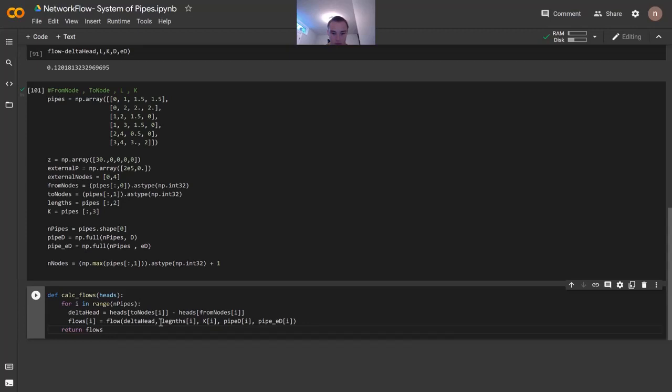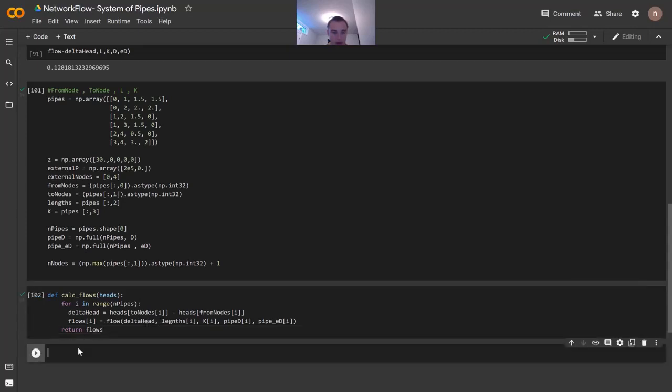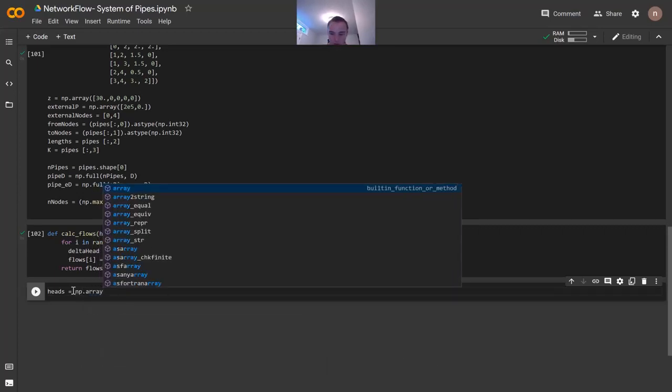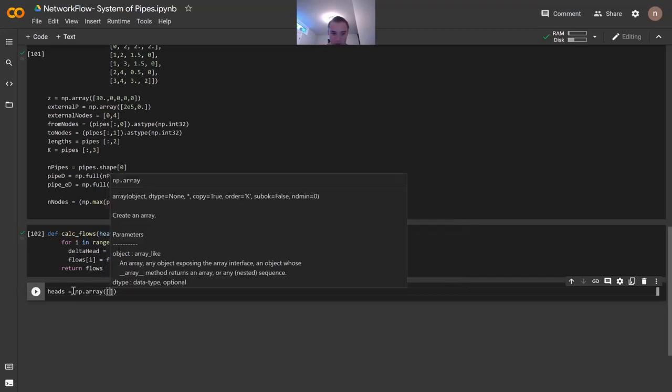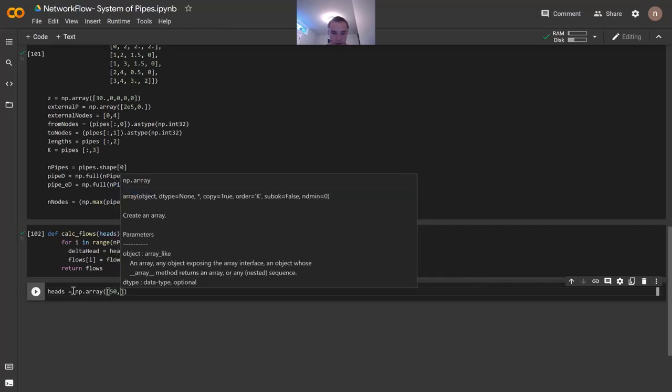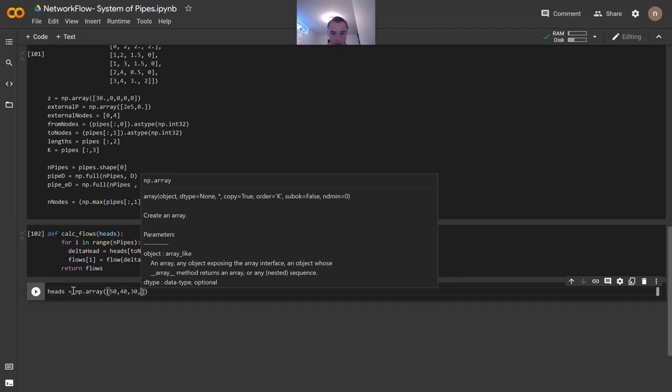So we're going to go ahead and shift enter. To test this, we can give ourselves some arbitrary head values. So we can say heads equal to np.array, and then we can just say these heads are, I don't know, 50 first head, 40 the second head, 30 the third head, 35 the fourth head, and then 10 or something.